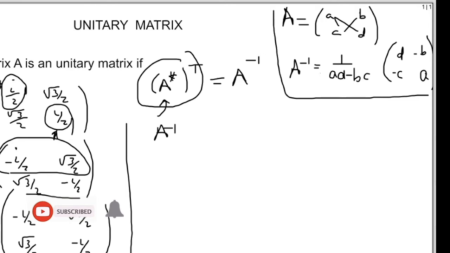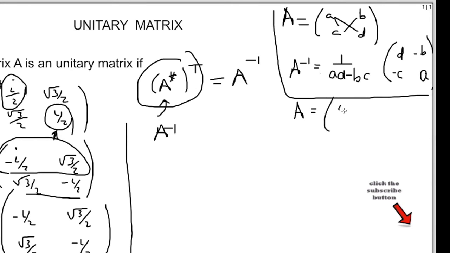So matrix A, I am going to find the inverse of this. Let me just rewrite what is matrix A. So matrix A is equal to i over 2, root 3 over 2, root 3 over 2 and i over 2.